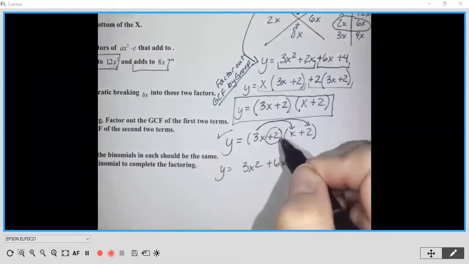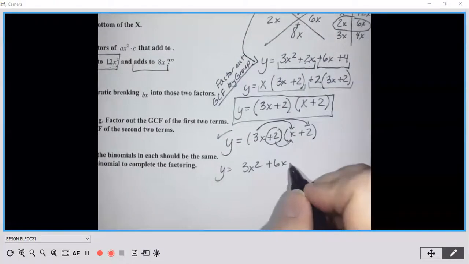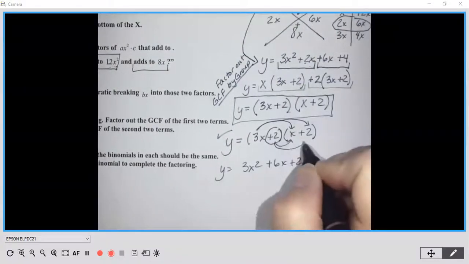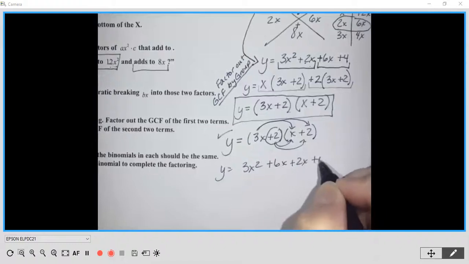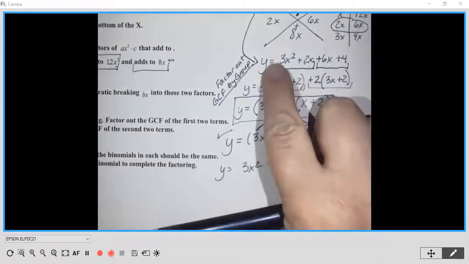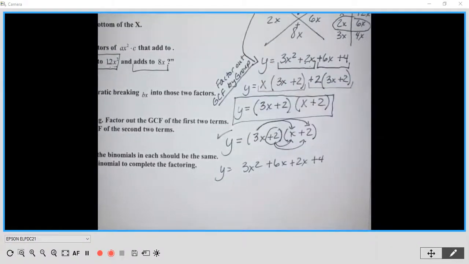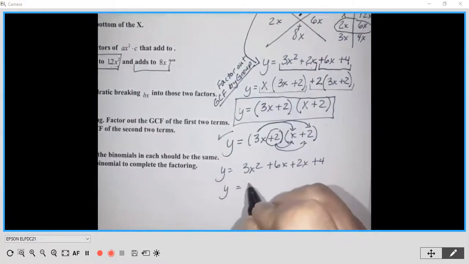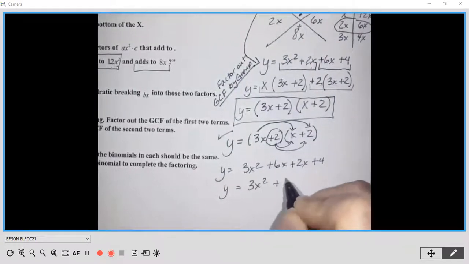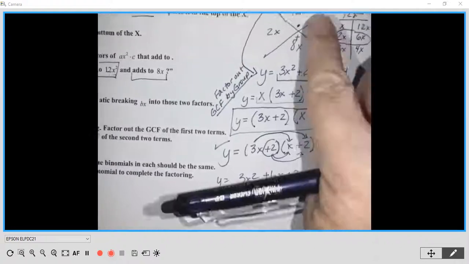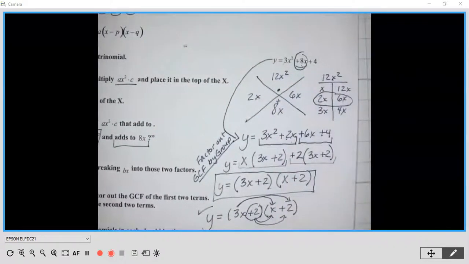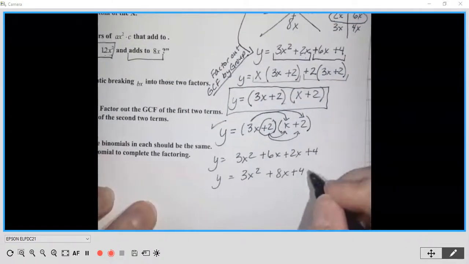Then I'll distribute this positive 2. 2 times x, plus 2x, 2 times 2, plus 4. This should match your first step. Then we combine like terms. y equals 3x squared plus 8x plus 4. That's our original quadratic. So that checks out.